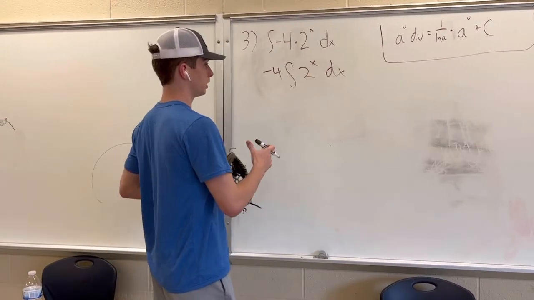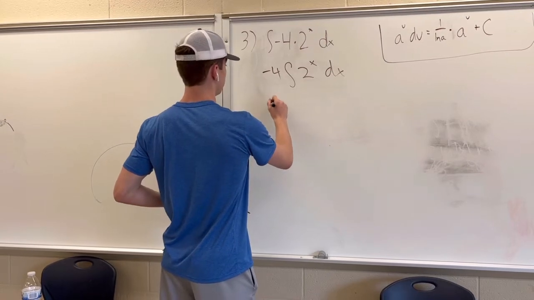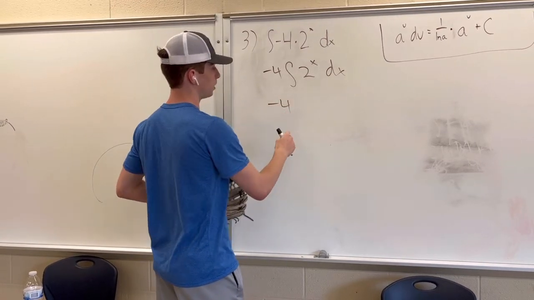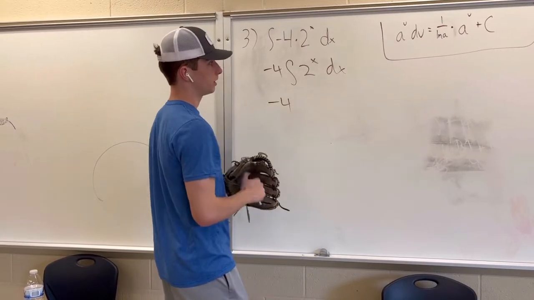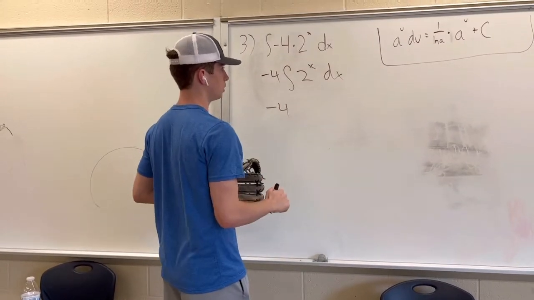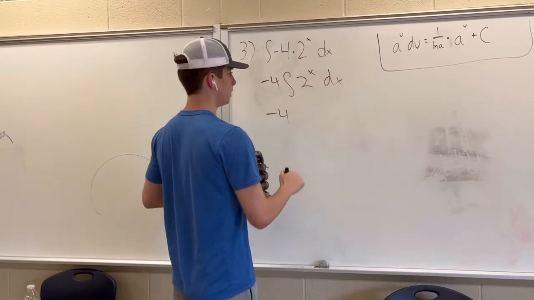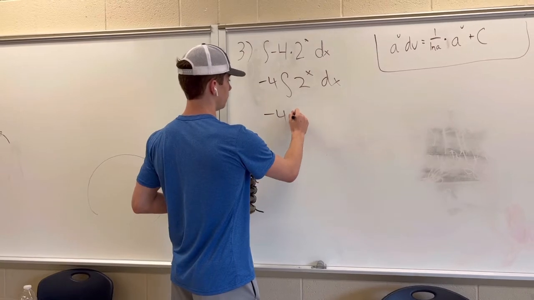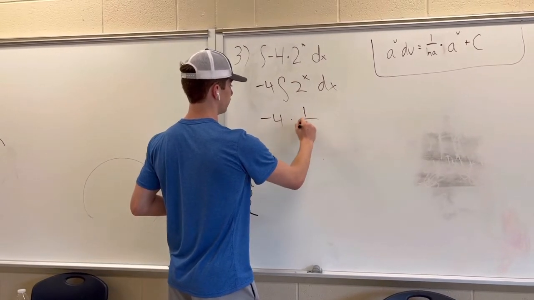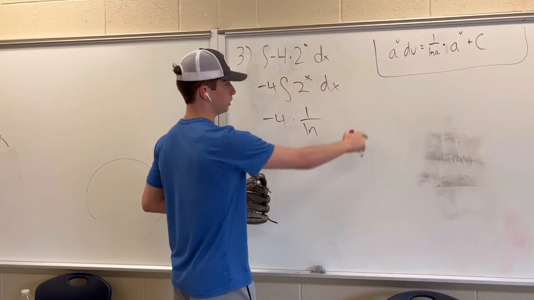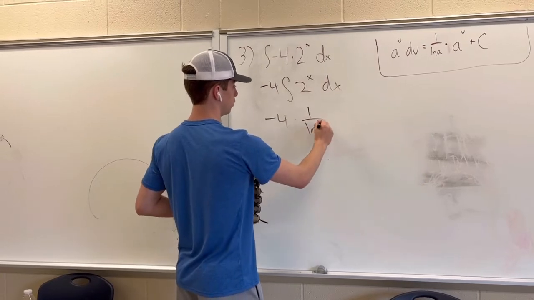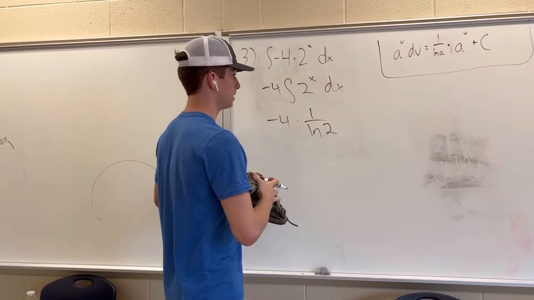So we can further simplify by going negative 4, and then you want to take the integral out because it's no longer in the equation once you simplify it. So you want to go negative 4 times 1 over ln, and your a value is 2. So that replaces the a.